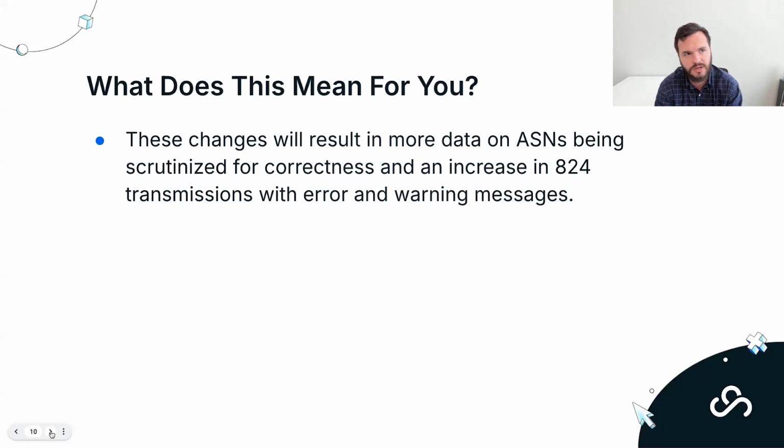It shouldn't mean that you're going to see double or triple the 824s or ASN errors that you had in the past, but it should be more specific feedback on those 824s about what's needed for those ASN errors.